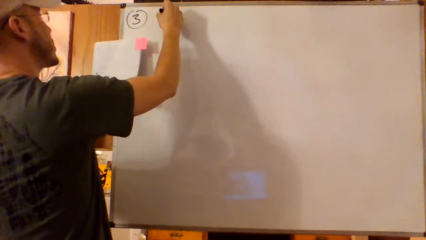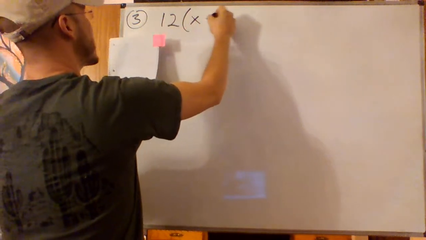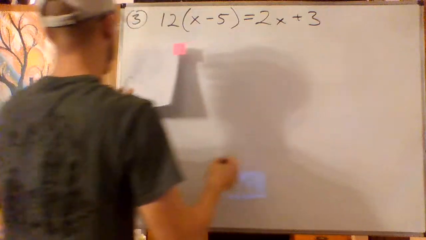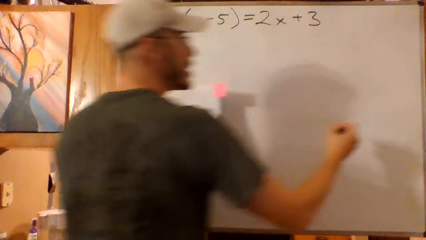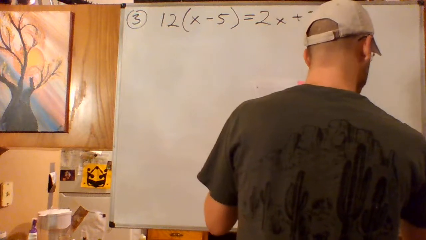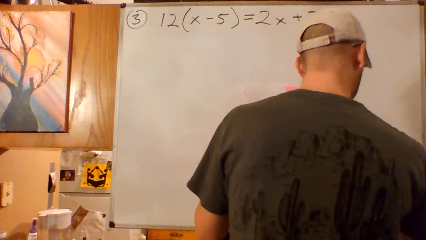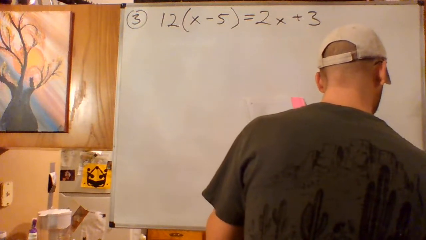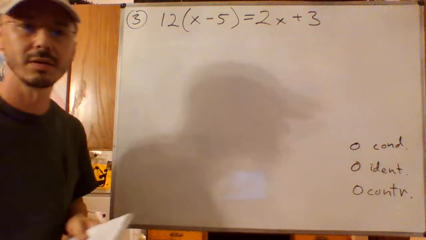For number 3, I got 12 times x minus 5 equals 2x plus 3. And again, it's conditional, identity, contradiction.